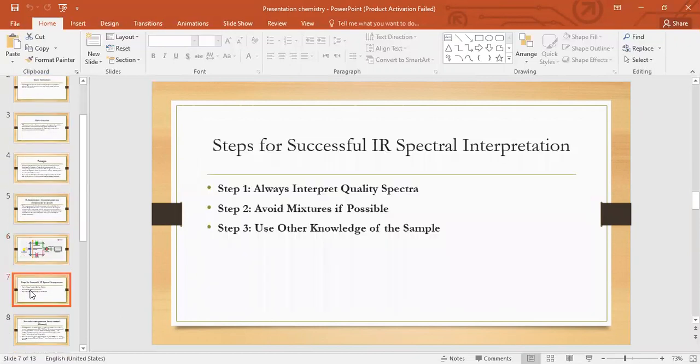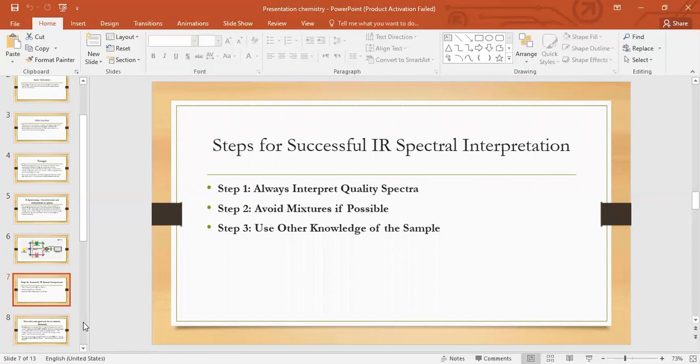There are a few steps for making our IR spectra better and for successful IR spectra interpretation. Step number one is always interpret quality spectra. You can take the readings again and again, but the quality should be the best.